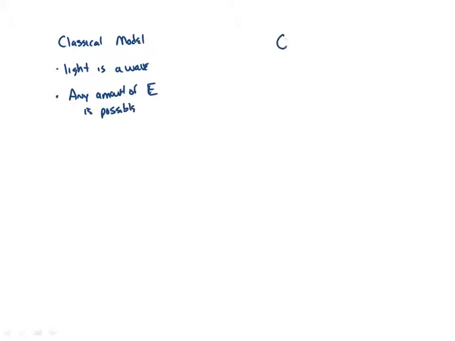We have what's going to eventually be called the quantum model, or quantum mechanics. And it wasn't called that back then. This is before it was kind of made. But this is going to say that light is quantized, or at least what it's saying is that only specific values of energy are allowed.